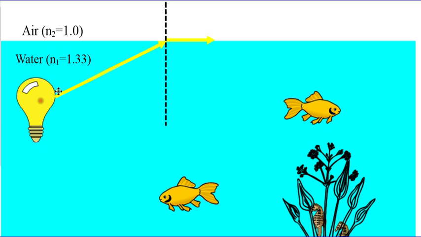And if we continue to move this, it will then undergo total internal reflection. And so the angles here and here are going to be the same because it's a reflection, but it happens because of the refraction of the light and using the slow to fast and fast to slow acronym.